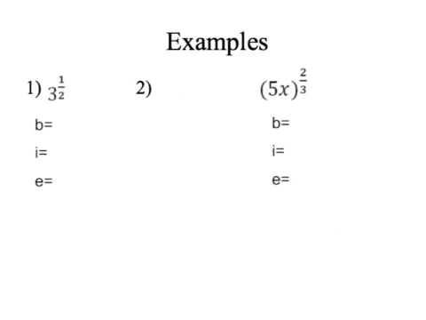In these two examples, we are going to be given numbers with rational exponents, and we're going to write them as radicals. So number 1, we have 3 raised to the 1/2 power. Your base would be 3. The index would be 2, and your exponent is 1.